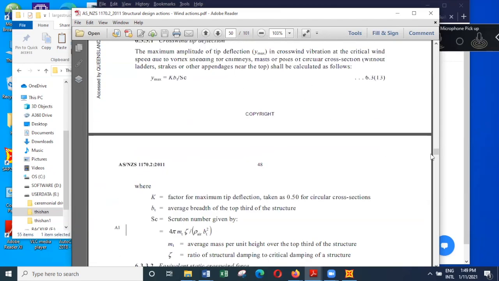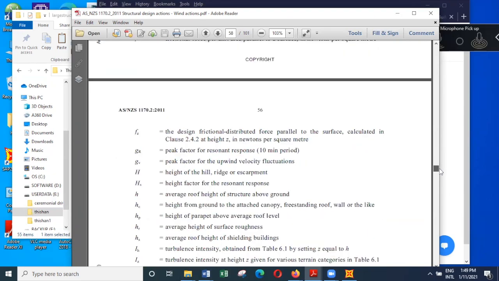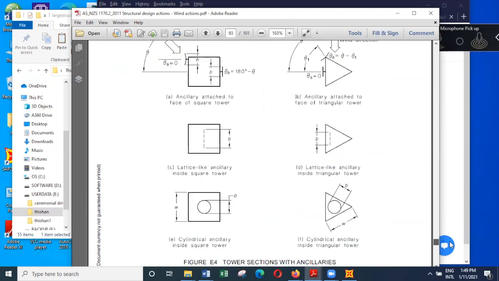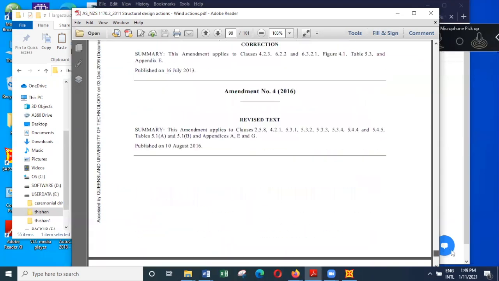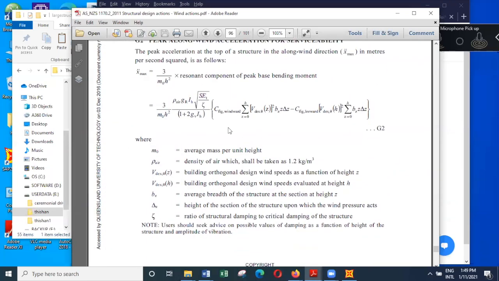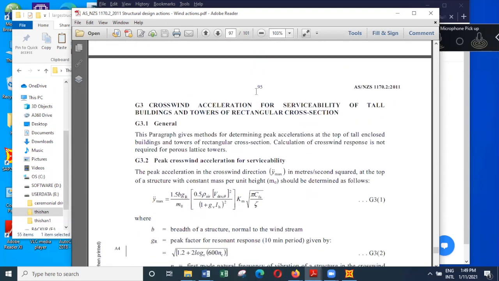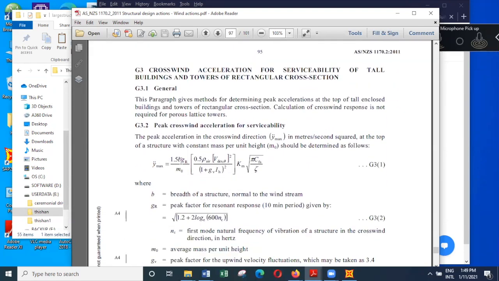And then finally, there are quite a few appendices. Finally, it tells you how to calculate the peak along wind acceleration, and also how to calculate the peak crosswind acceleration.